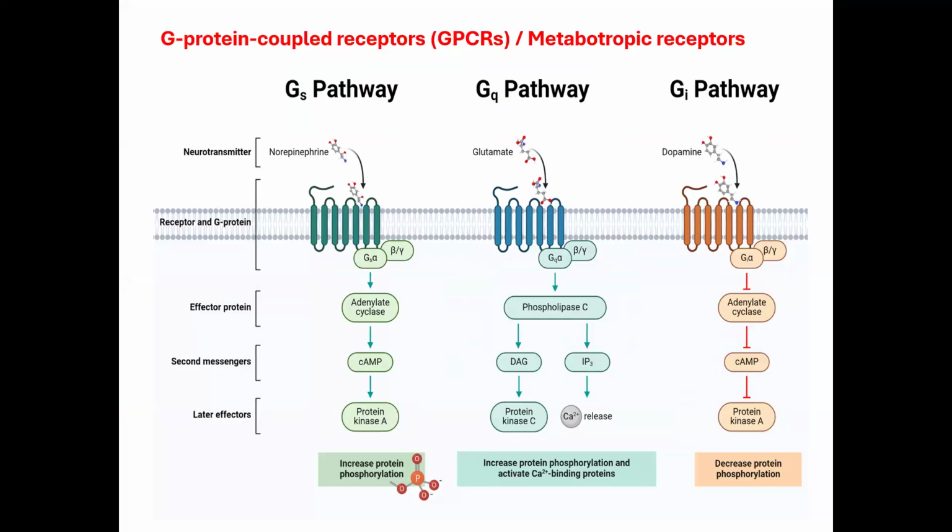Okay, but we were still talking about the secondary messenger. These are more kind of reactions that are going to take place. As we said, with the G protein coupled receptors, we normally have a cascade of reactions taking place.